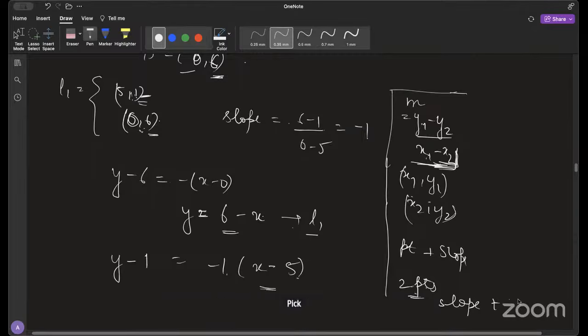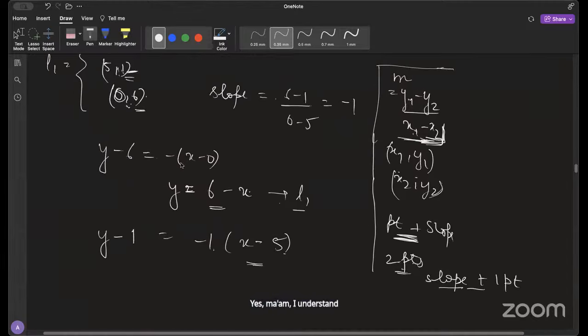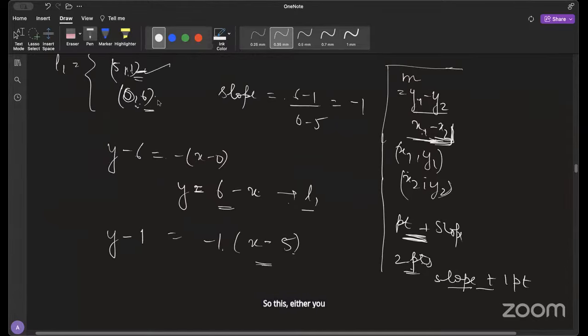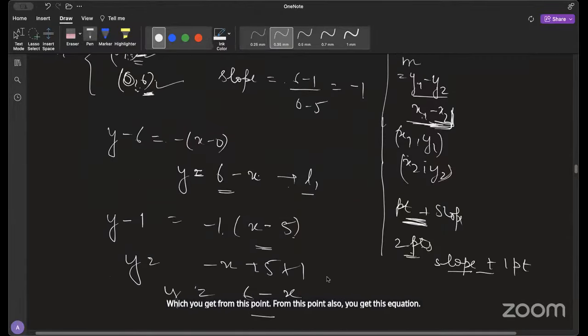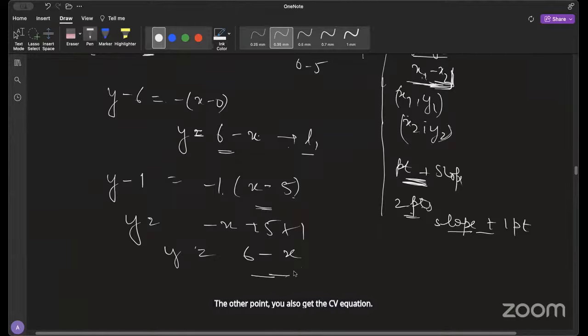Pick any 1 point, and then it becomes like this one only, 1 point and slope. So use that. Either you use this point or you use this point, it's the same thing, it gives you the same result. This will give you minus x plus 5 plus 1. So it's going to be the same, 6 minus x, which you get from this point. From the other point also you get the same equation.